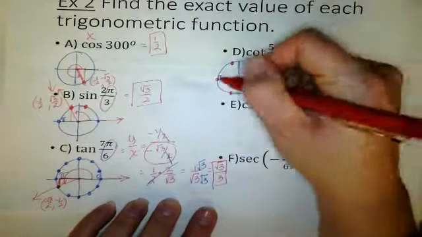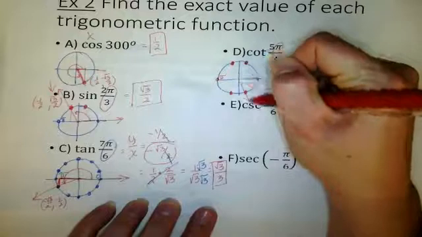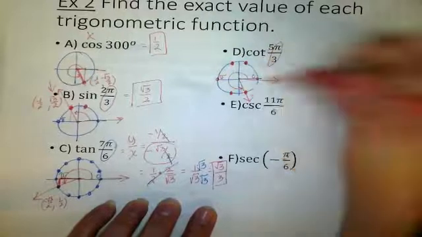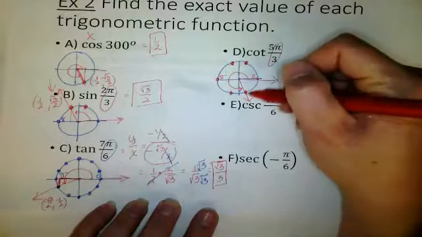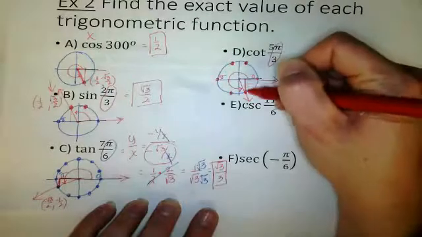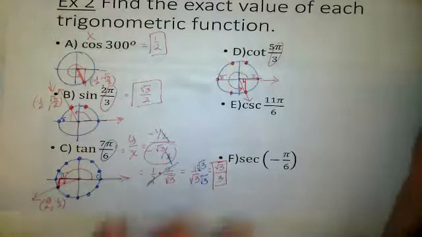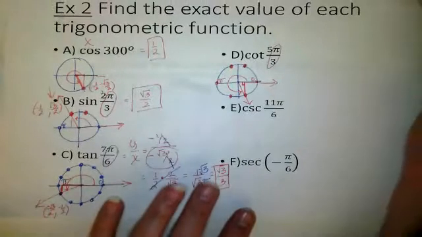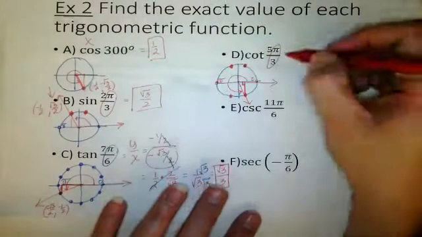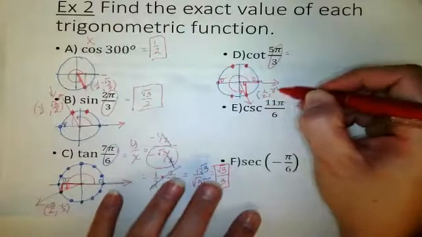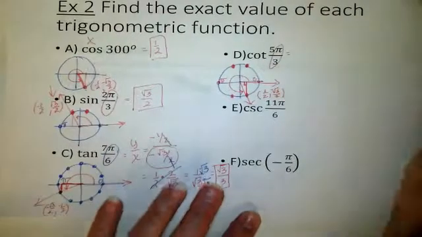So 1, 2, 3, 4, 5 is right here. So my angle is right here. And again, if you drop that altitude so you can see your triangle, that's the reference triangle that I'm creating. It's 1/2, negative radical 3 over 2.